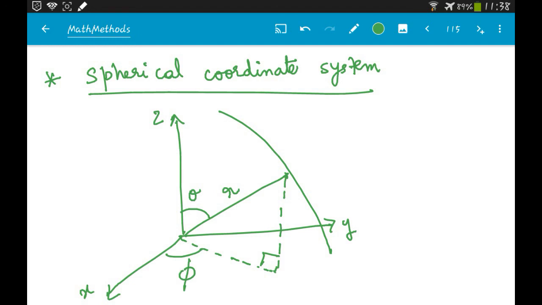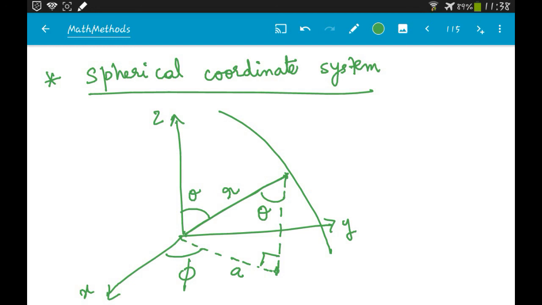So we are projecting the vector r, which is in the three-dimensional coordinate system, onto the xy plane, and the projection makes a 90 degree angle here. Let's call this projection A, and this A makes an angle phi with the x axis, and this is also theta. These are our conditions.